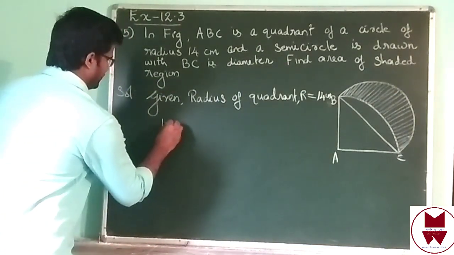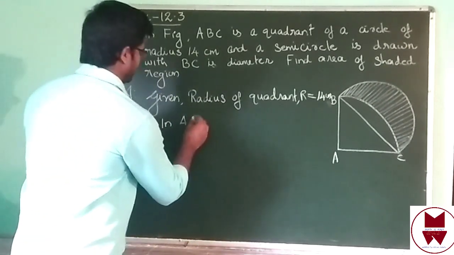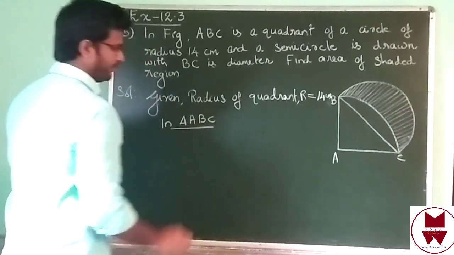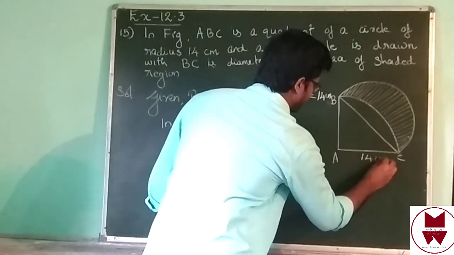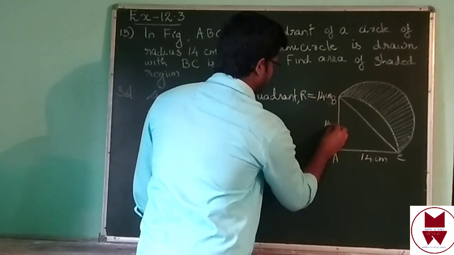Then in this figure you can see one triangle ABC. In triangle ABC, this AC is 14 centimeter because that is the radius of the quadrant. Then AB is also 14 centimeter.